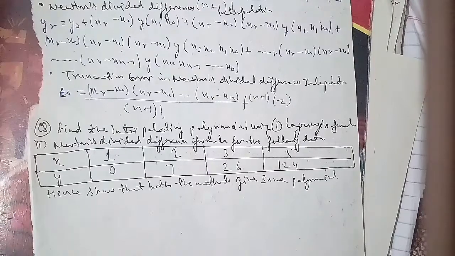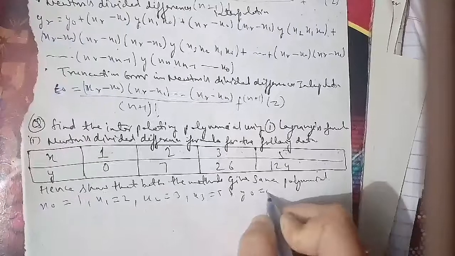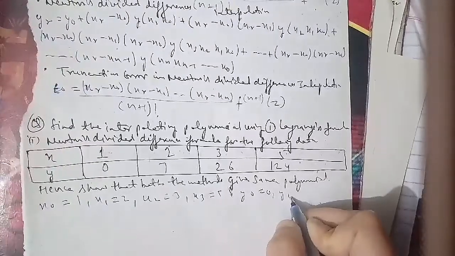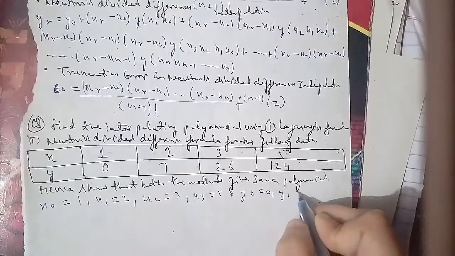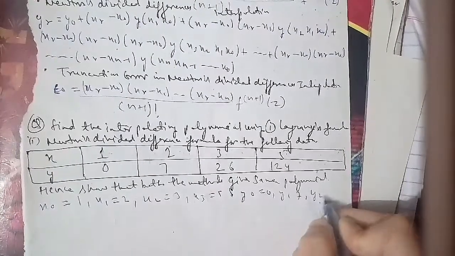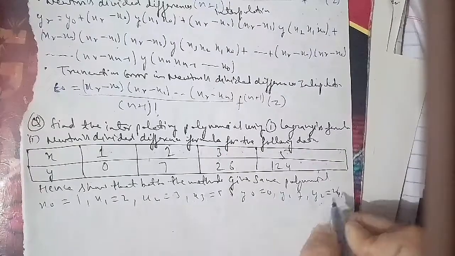So we solve for the same. Here x0 equals 1, x1 equals 2, x2 equals 3, x3 equals 5, and y0 equals 0, y1 equals 7, y2 equals 26, and y3 equals 124.